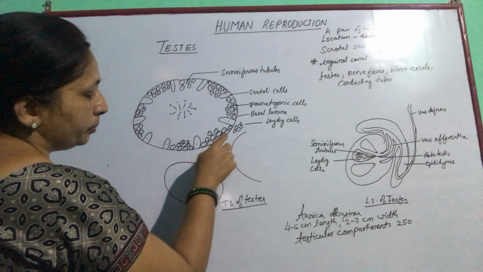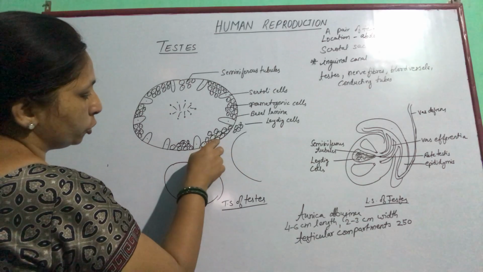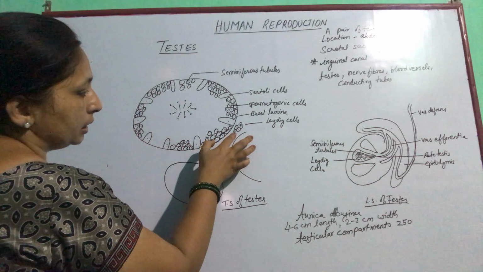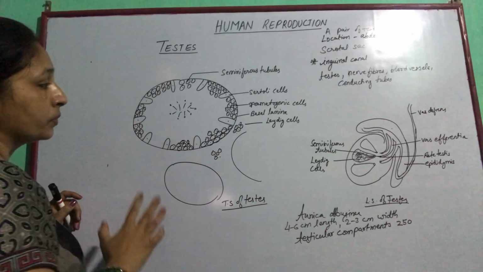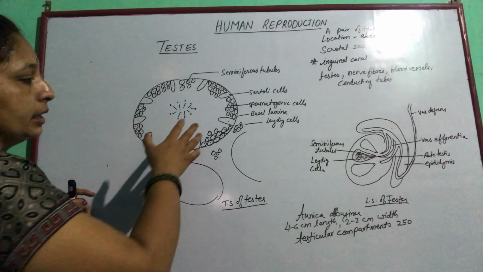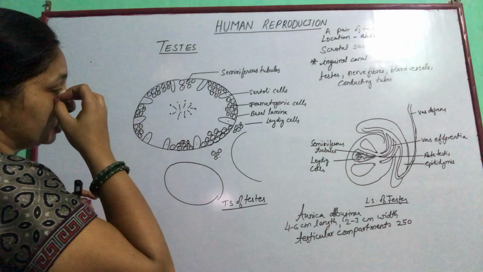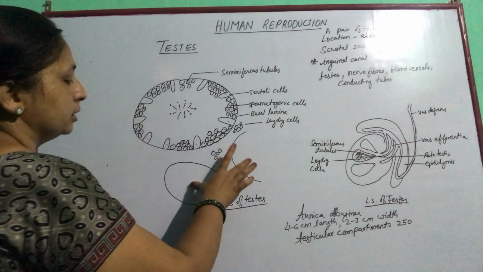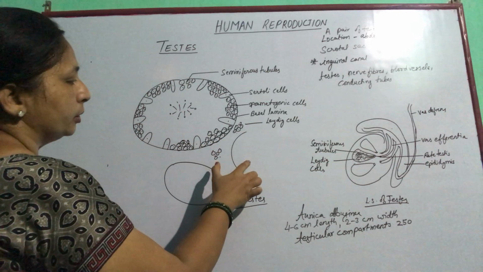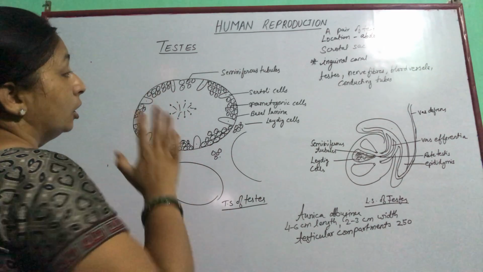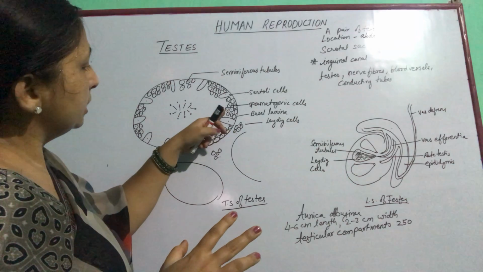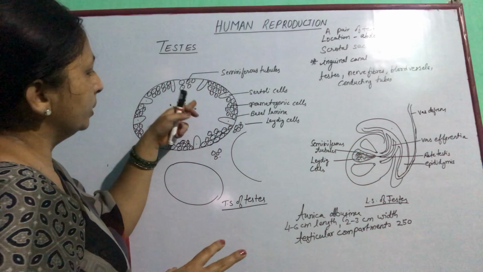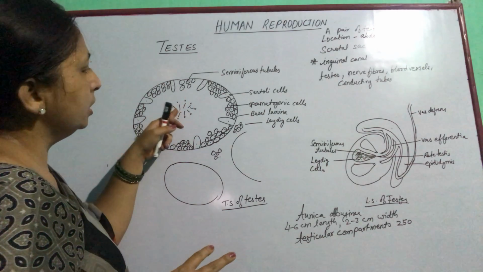These are the Leydig cells, the supportive cells, and the Sertoli cells are present inside. They are kind of connective tissues. These are the spermatogenic cells; here they get matured and form the sperm.